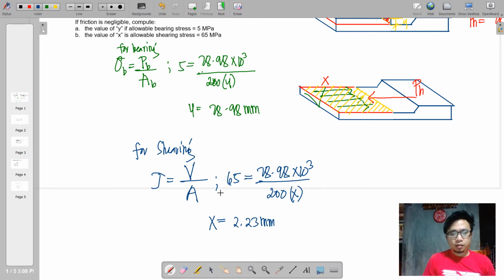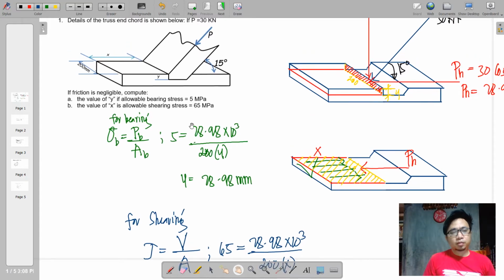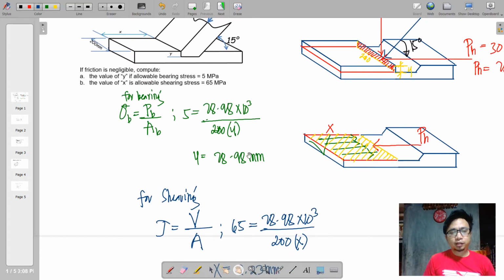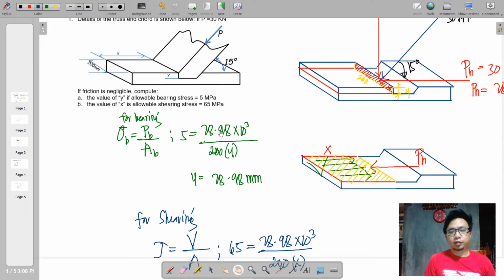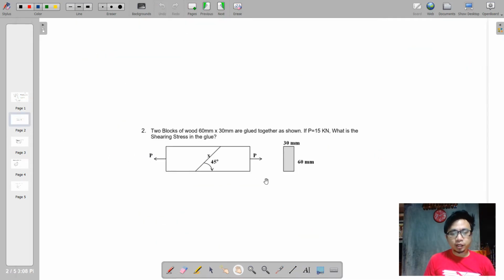Because you see 2.23 millimeter is so minimal, it can resist the diagonal force here. So, moving on to the second problem.